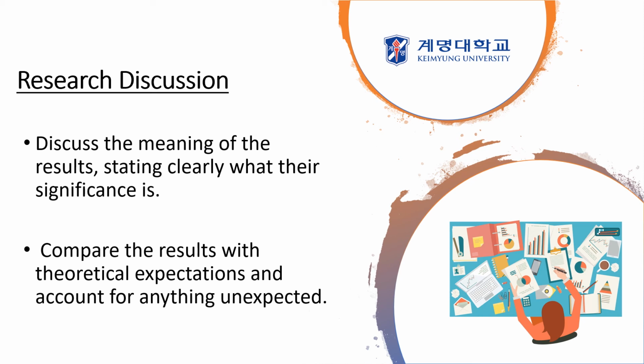You compare the results with theoretical expectations and account for anything unexpected. So when you do the discussion, you cite again. Your result is similar to the author's research, or the result disagrees with it; anything unexpected you have to mention.